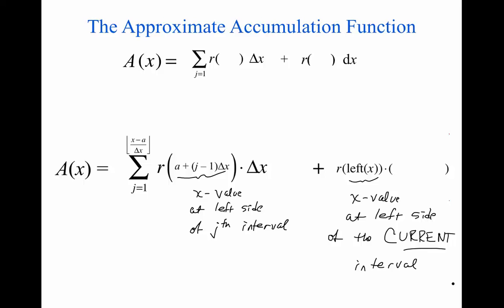It's the one x value that's the left side of the current interval, not the left side of a completed interval. And then we need dx in terms of x. We saw that was pretty easy. If x is the final value and left x is the initial value of x in the current interval, then dx is just x minus left x. That's how far we have progressed into the current interval.